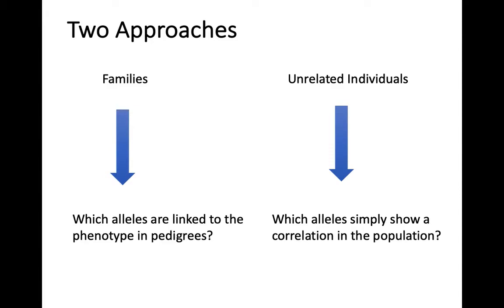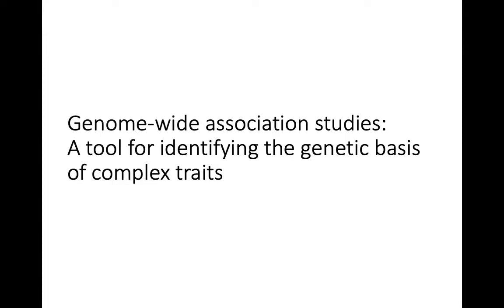So another approach to identifying the genetic basis of complex traits is to use unrelated individuals, a very large sample of unrelated individuals, and just ask which alleles simply show a correlation in the population. And this gives us the definition of a genome-wide association study, which is a tool for identifying the genetic basis of complex traits. And I'm going to show you now how a genome-wide association study can identify the genetic basis of complex traits.